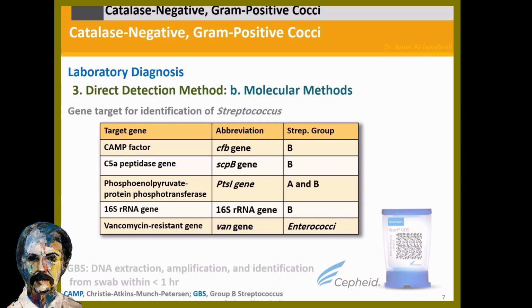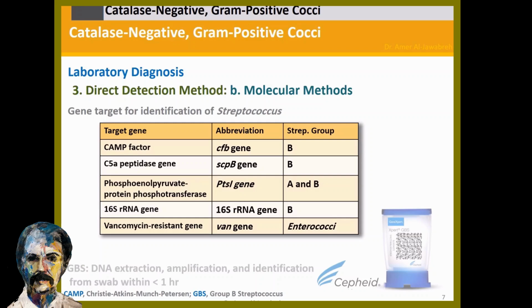C5a peptidase, it's an enzyme we talked about as a virulence factor, which stops the chemotactic factors from coming. Also, phosphoenolpyruvate protein phosphotransferase, that's an enzyme. Also 16S, as I told you, this comes on top of the list, and vancomycin resistance genes. So all these genes, 1, 2, 3, 4, 5, and others not mentioned in the book, are used as targets. However, the most commonly used is the 16S.